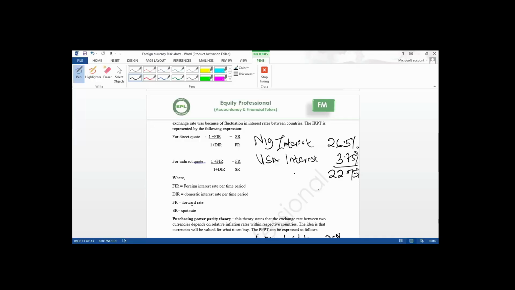Theory number 2, purchasing power parity theory. The purchasing power parity theory states that exchange rates between two currencies depends on the relative inflation rates within the respective countries.